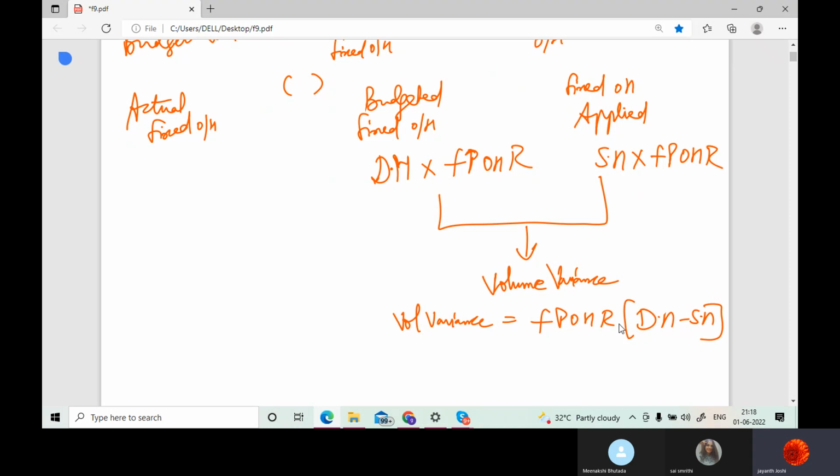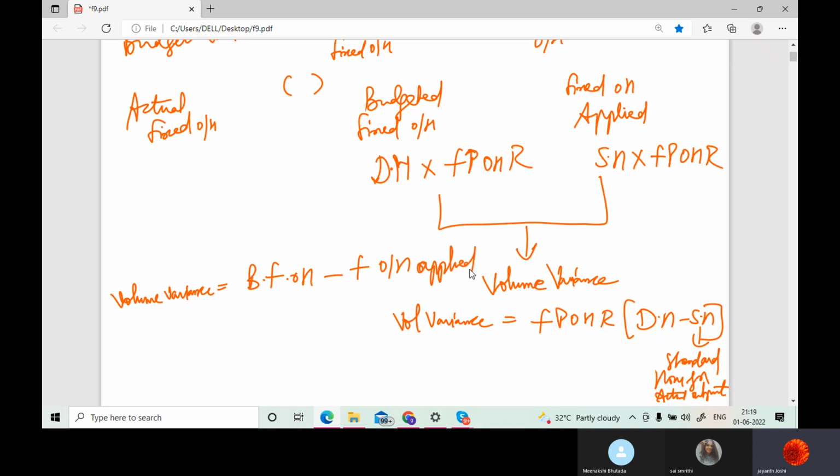This is the fixed predetermined overhead rate, this is denominator hours, and this is standard hours for actual output. So volume variance is equal to budgeted fixed overhead minus fixed overhead applied to work in progress.